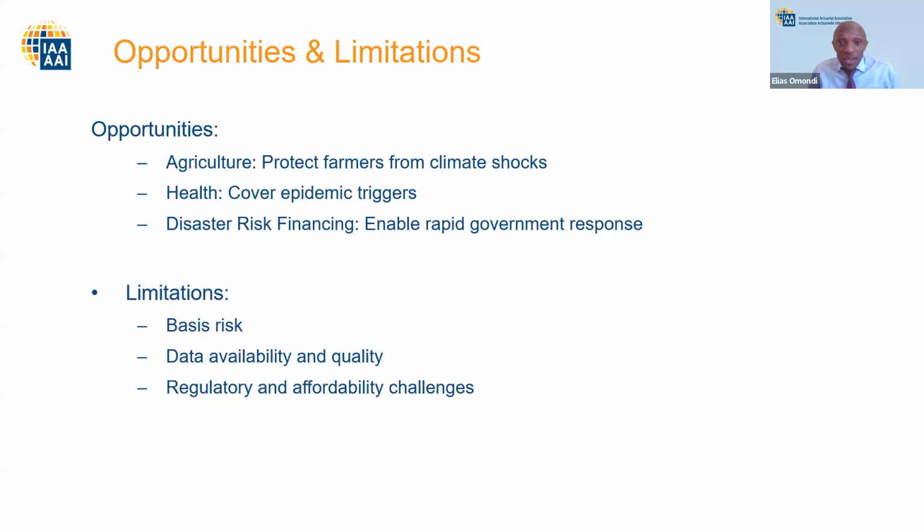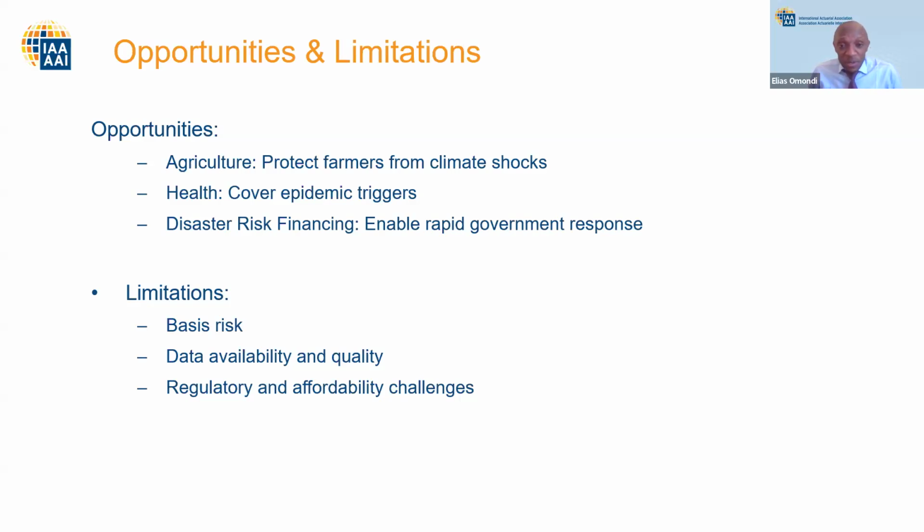We've also seen health indices that look at epidemics and how we can cover different epidemics. We also see a lot of disaster risk financing coming through, whereby we can enable governments and policymakers to rapidly respond to certain elements of need when these particular risks do arise.